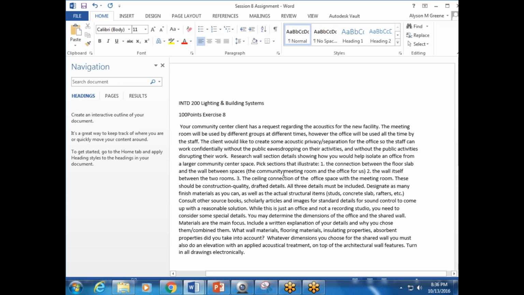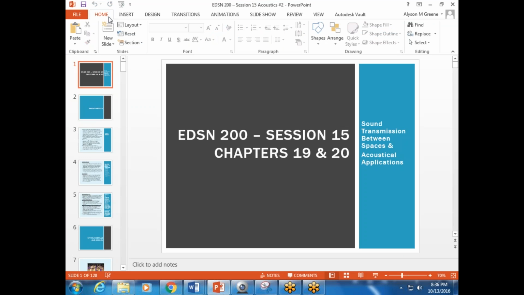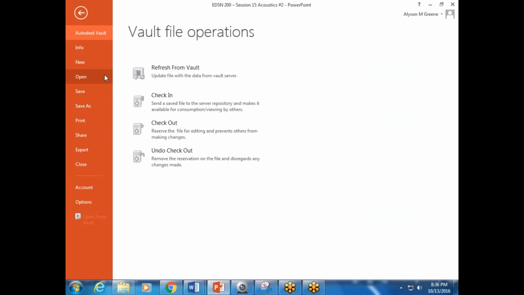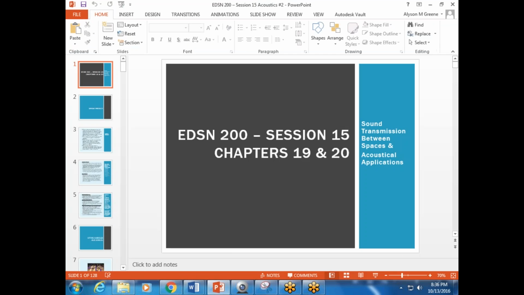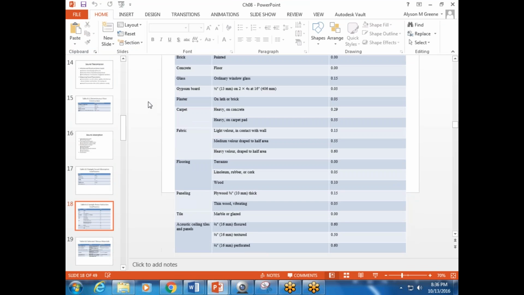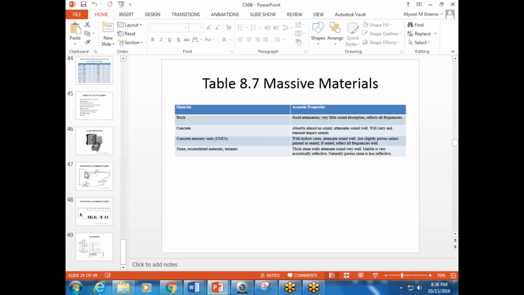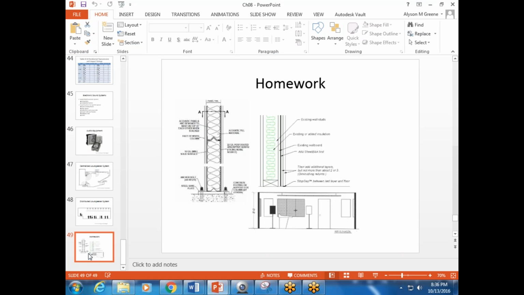What's happening is you have a small office and then it's connecting to some type of meeting room or meeting area. Let me pull up my PowerPoint. At the very end of my PowerPoint, I had some examples of wall sections.